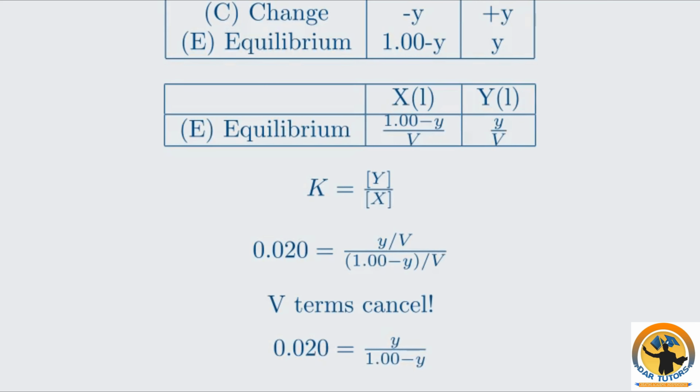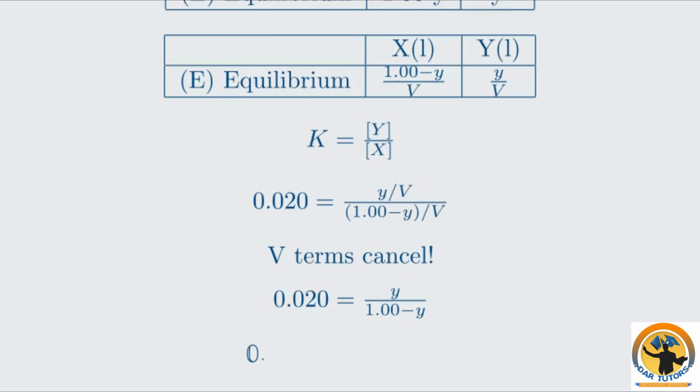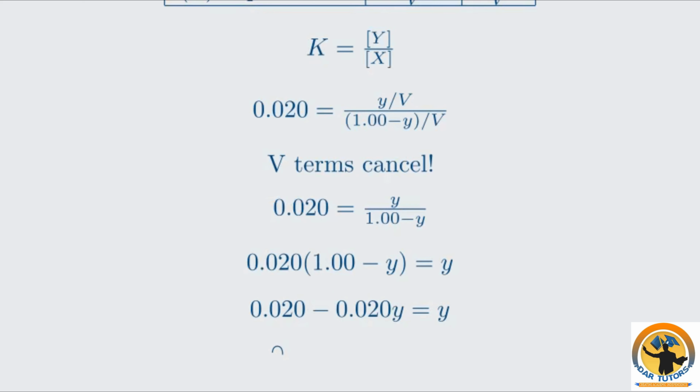This is a common and very helpful simplification when the total number of moles of gas doesn't change during the reaction, or for reactions in liquid solution where volume isn't crucial. We now have a single equation with one variable, y. Let's solve for y. Multiply both sides by 1.0 minus y to get 0.020 times the quantity 1.0 minus y equals y.